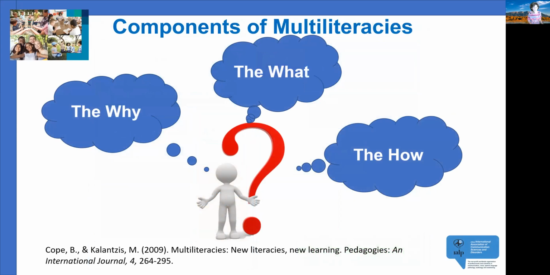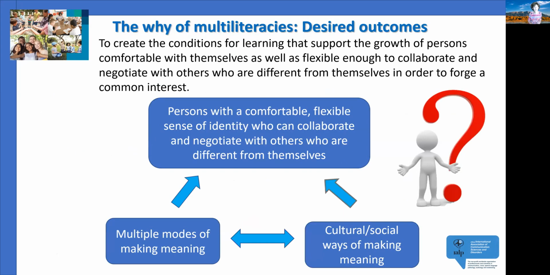Now, a multiliteracies approach to digital education has three components. There's why do you want to use this approach? There's what is the approach, and then there's how do you do it. First, why a multiliteracies approach?